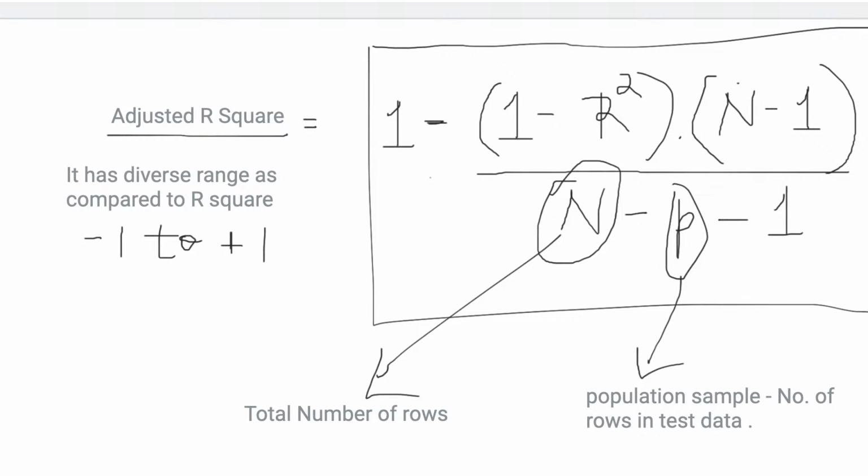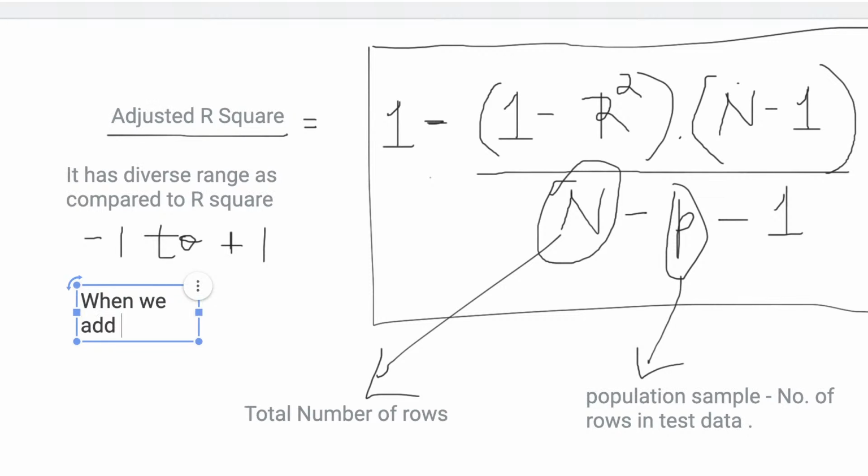Let's say it is live data, and we have calculated R square. We are adding more data points in the dependent feature Y. Then what happens? Let me write it down.